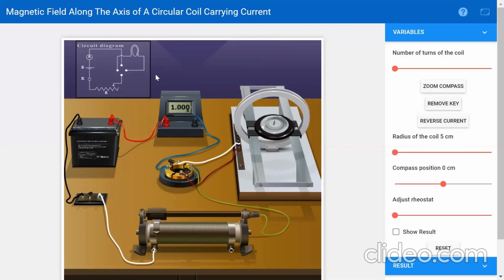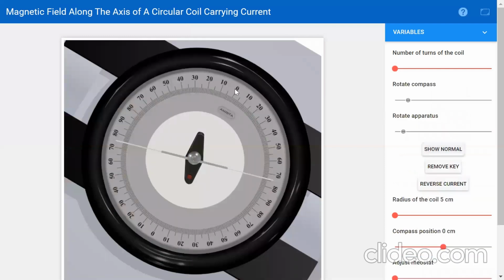Now we'll see that the current showing in the ammeter is 1 ampere, and when we zoom in on the compass, we see the needle, which initially lay at 0 degrees, is now deflected to 75 degrees on both sides.